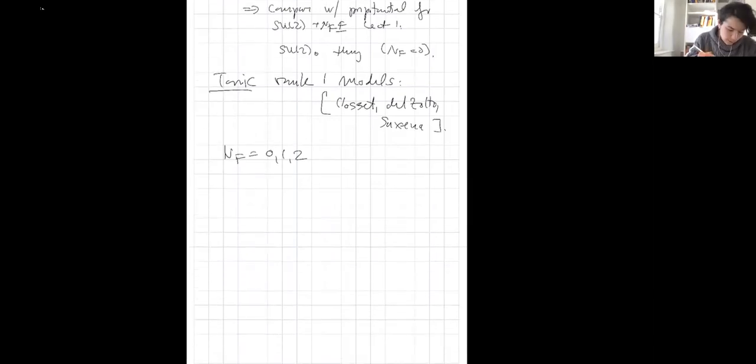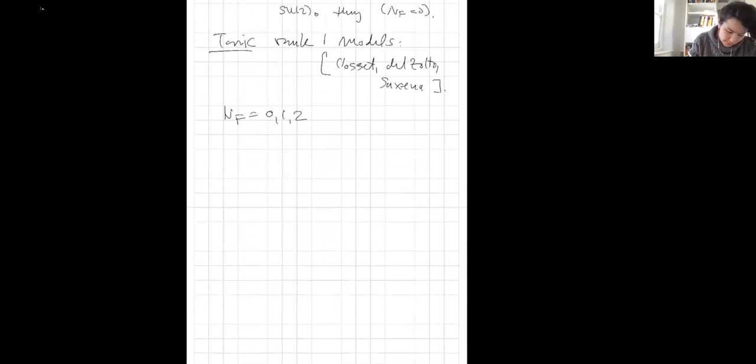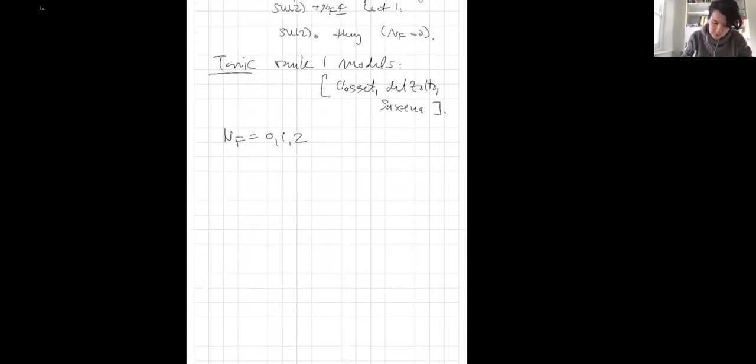So in fact, the toric models, and I will write them down here, and I would encourage you to try to see whether you can extract from it, as we did in this SU2 0 example, all the field theory data.